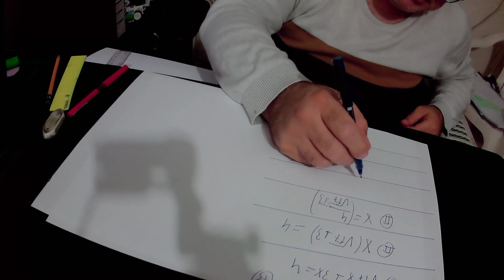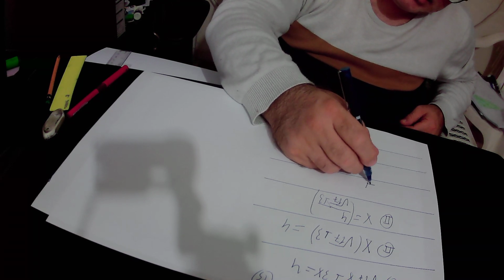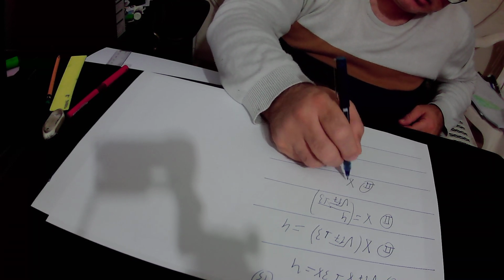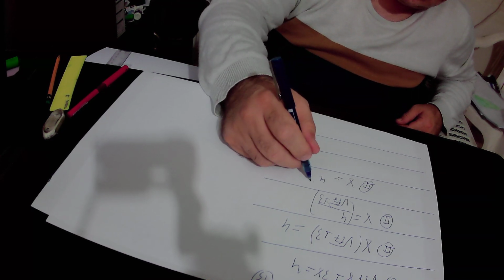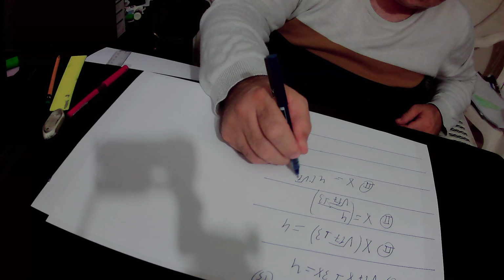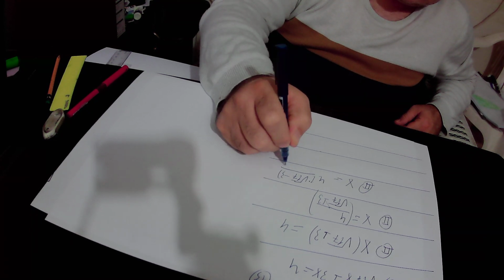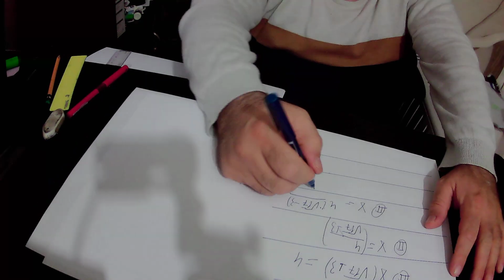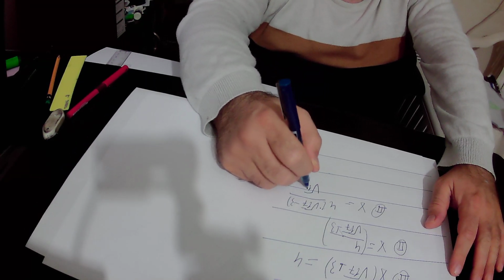So we will multiply this side of the equation by square root of 17 minus 3, and then we will divide it by square root of 17 minus 3.